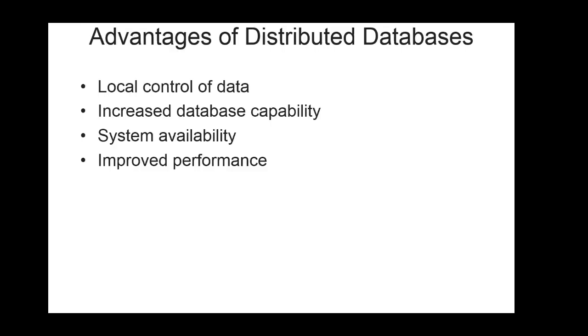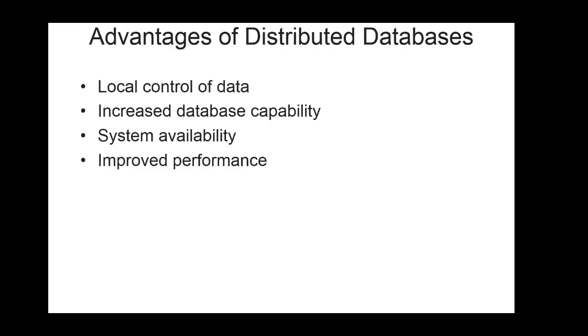Other users can continue processing in a normal fashion. Another advantage of distributed databases is improved performance. When our data is available locally, we can eliminate network communication delays and retrieve the data faster than with a remote centralized database.